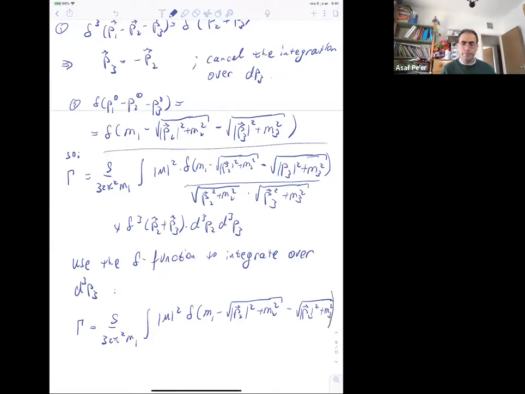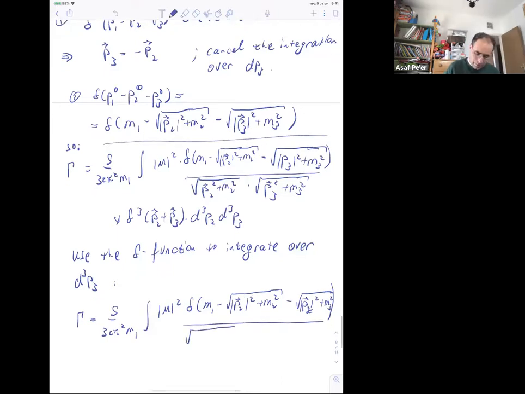Because of the delta function, I could replace P3 with P2, since it's squared, so it doesn't matter. And the same in the denominator: the square root of P2 squared plus M2 squared times the square root of P2 squared plus M3 squared.